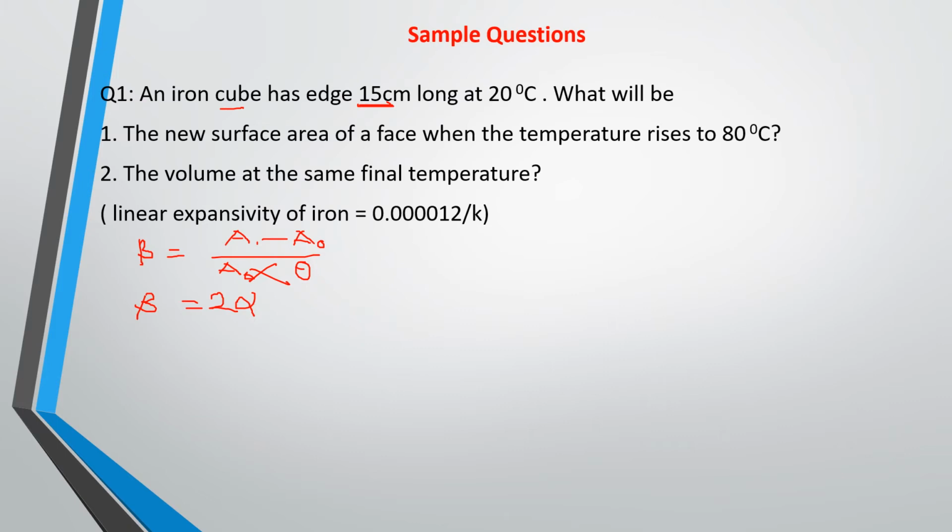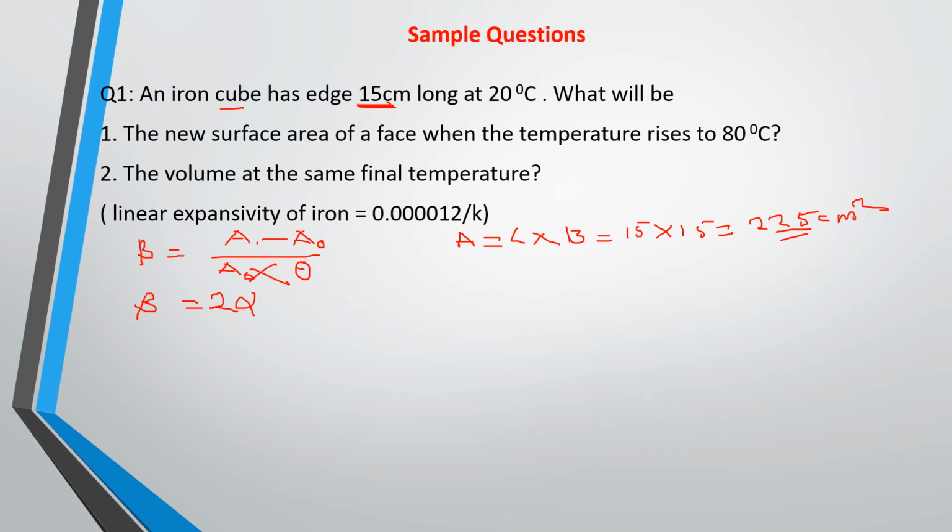Okay, the area of a face of the cube: the edge is 15 centimeters. So area will be equal to length times breadth. So that should be 15 times 15, and you multiply it out, you are going to have 225 centimeters squared.